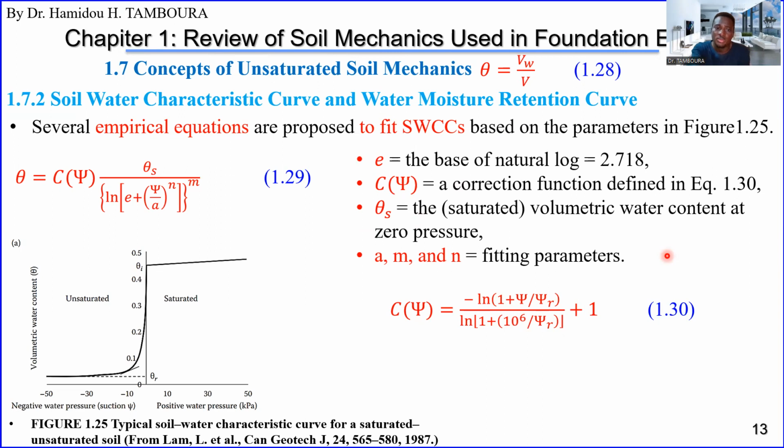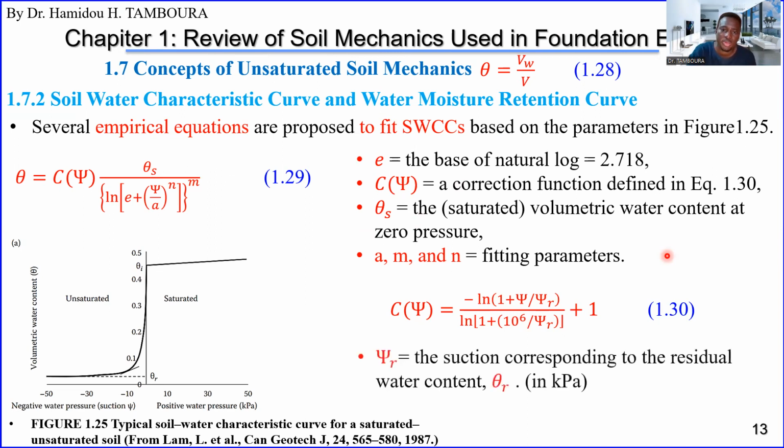Okay, so in this C of equation 30, we have here C_r. This one is the suction corresponding to the residual water content. This value. What is the suction corresponding to this value?